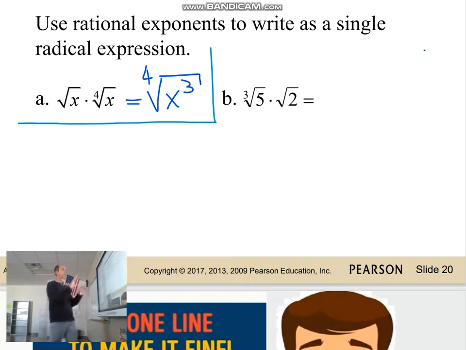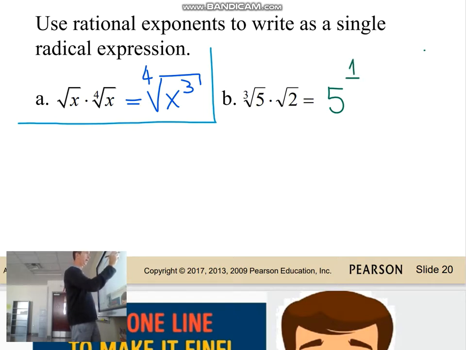Well, I just cleaned the screen because I will need more space. And for letter B, we will try to put them together in just one root, right? So we can rewrite the cube root of 5 as 5 exponent 1 over 3, times the square root of 2, which is 2 exponent 1 over 2. Okay?